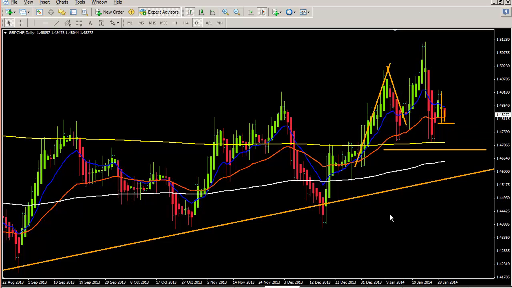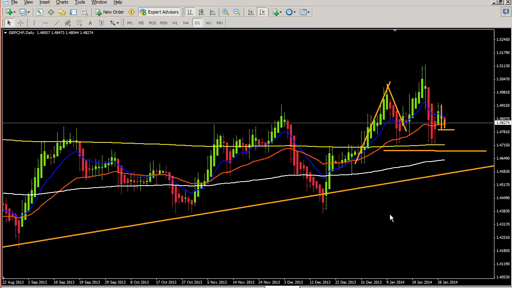Okay? Very easy. If the price is not really creating new highs and sticking to that rule of really trending, going somewhere, then you don't have a strong trend. You have a range in the trend here. That's what you have.